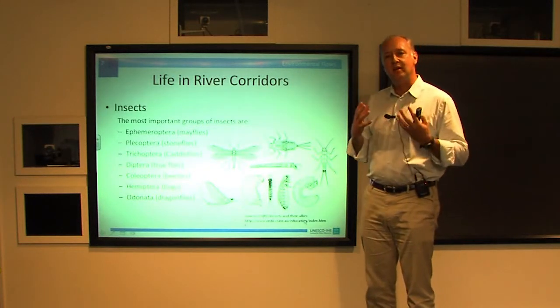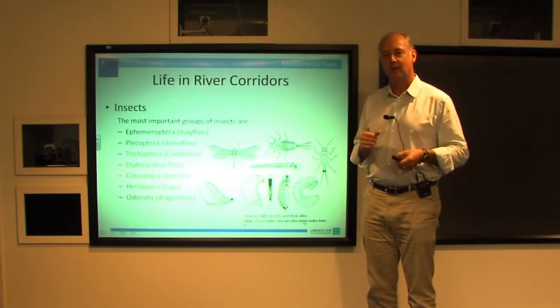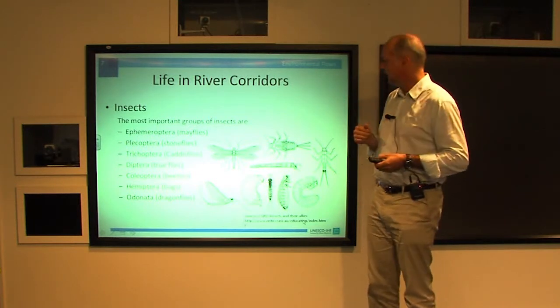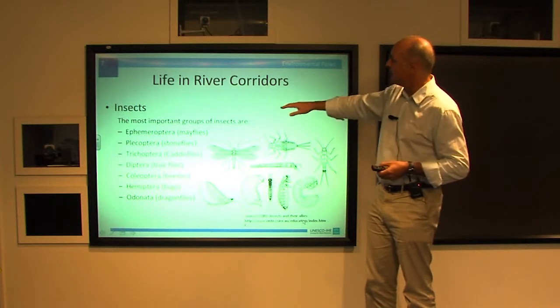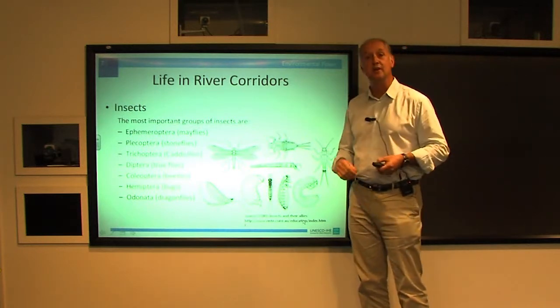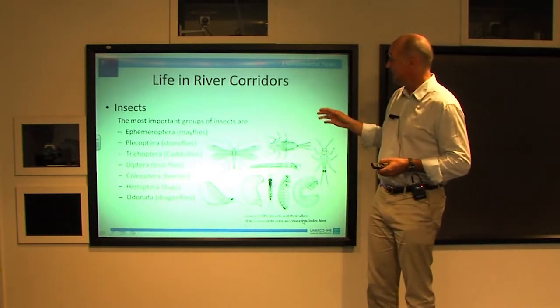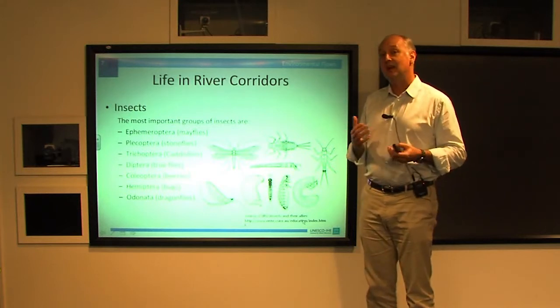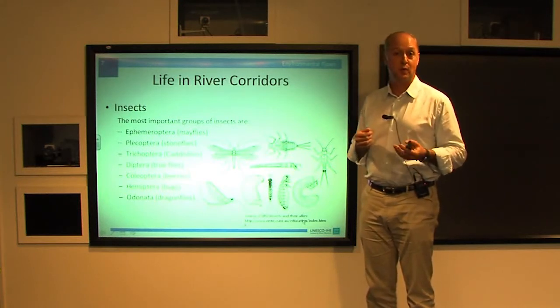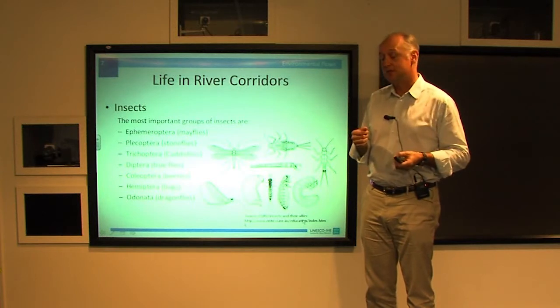And then there's a very large community, a huge variety of insects living in river systems. And some of the most important groups are shown here. You might be aware that the insects exhibit very different levels of tolerance to water quality and perhaps flow regime as well.